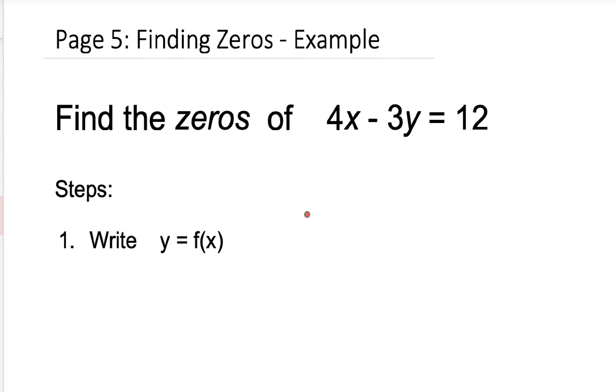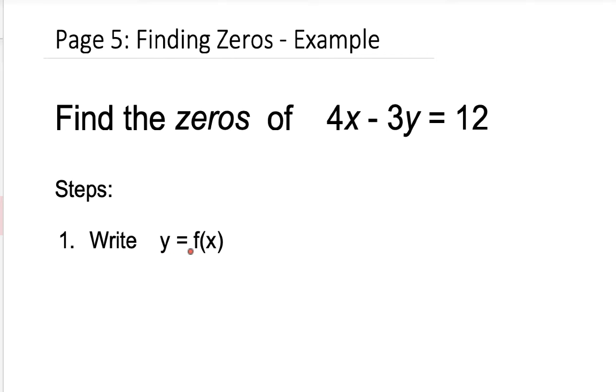Okay, now we go back to the same equation. To find the zeros of the function, there are 2 steps involved. First of all, we are going to write y equals f of x. So in other words, we are going to get y on the left-hand side and the rest of the terms, x and the constant, on the right-hand side of this equal sign. So let's write this one.